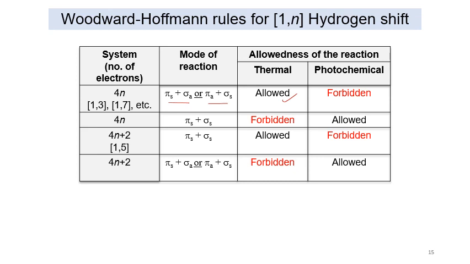It is forbidden under photochemical conditions, whereas for the 4n systems, the supra-supra is forbidden. For a 1,5 type of shift, we saw the supra-supra for the hydrogen also is allowed, whereas for the supra-antra or antra-supra, it is forbidden.